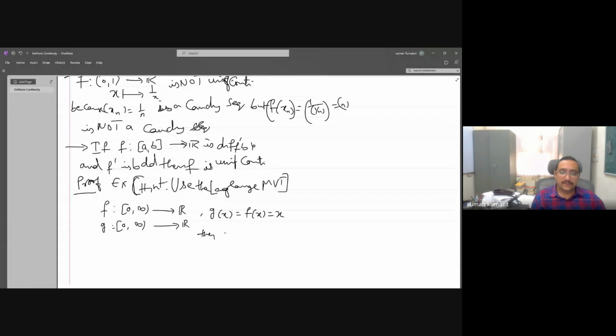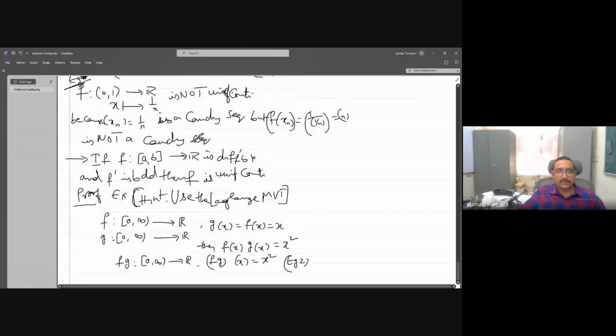Then what is f into g? That is x square, right? So now fg is a product of two functions, a map from the interval 0 to infinity to R, with fg of x equal to x square. In example 2, which I showed at the beginning of the lecture, I have shown that this fg is not uniformly continuous.